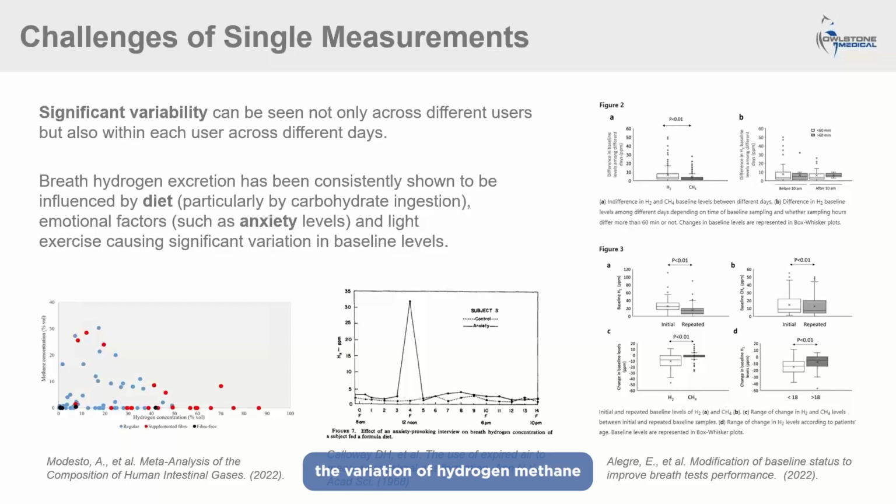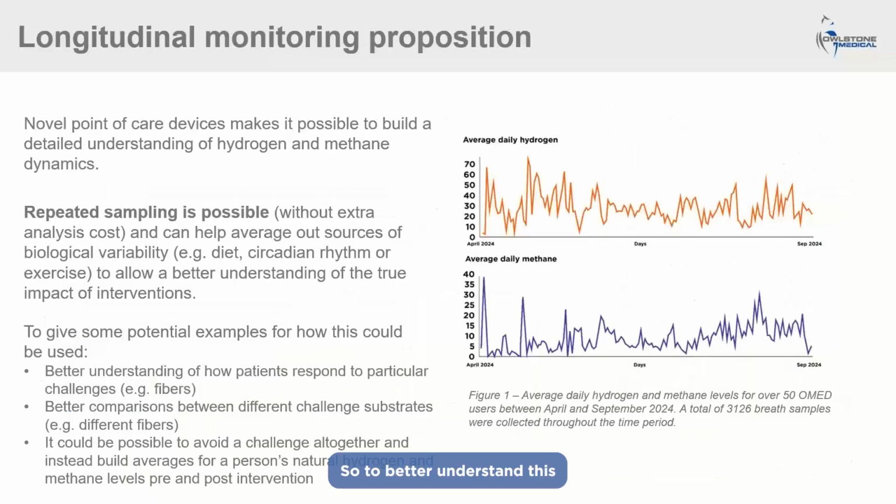The high variability also presents challenges for research, where you might want to understand, for example, the variation of hydrogen and methane in response to a particular food in a more real-world setting, or understand the impact of an intervention like a probiotic on hydrogen and methane production. To better understand this real-world condition and the complex interactions of hydrogen and methane with these external factors, we often need to collect repeated measurements, not just over a day, but over multiple days.